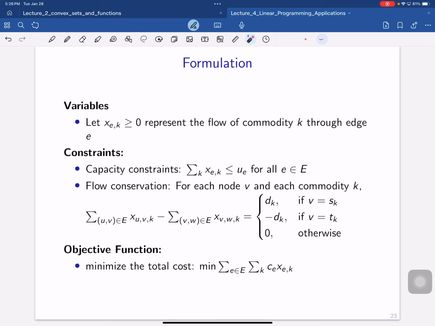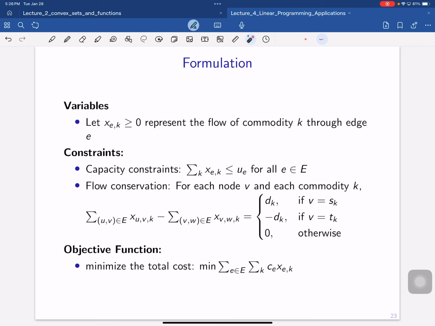If the node V is a source node, then what goes out minus what goes in should be equal to what you have at this particular node that you want to ship out. Right? On the other hand, if the node is a sink node, that is a customer node, then what goes out minus what goes in should be a negative number, right?